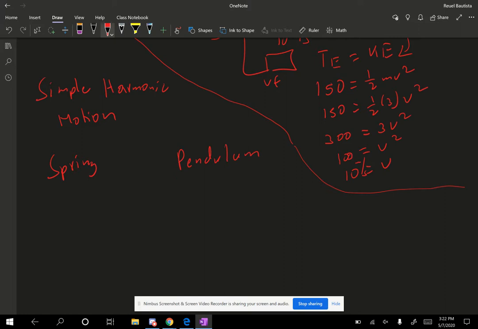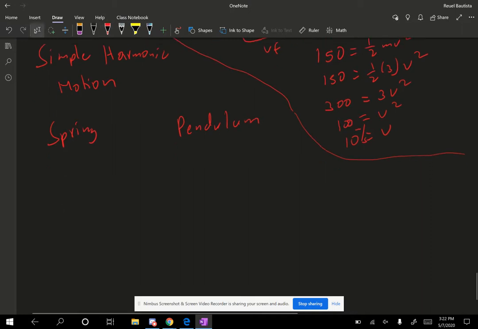We're not at a level where we can work with non-ideal springs and non-ideal pendulums. We're only going to work with ideal springs and ideal pendulums.